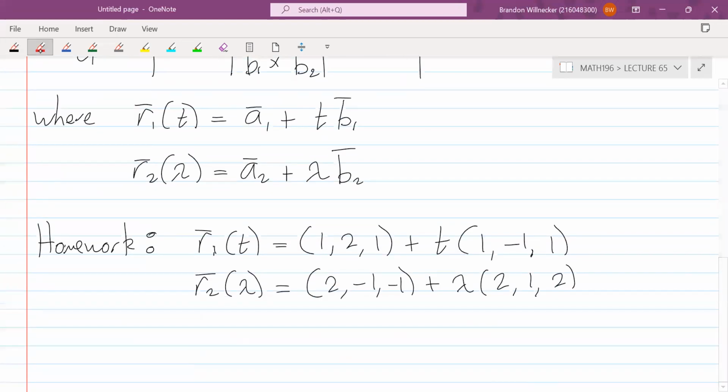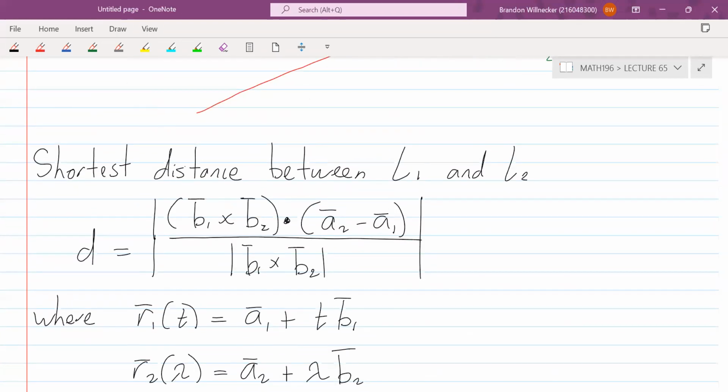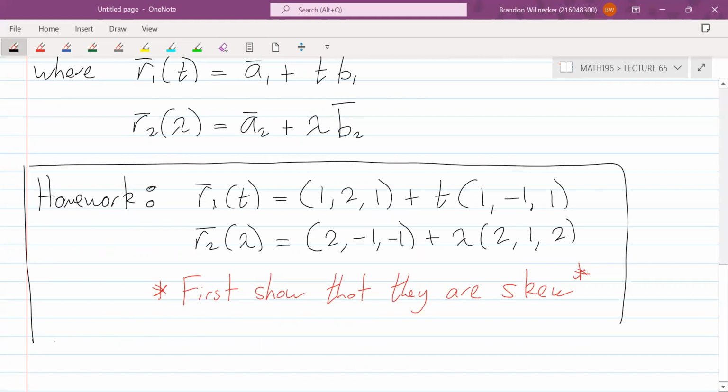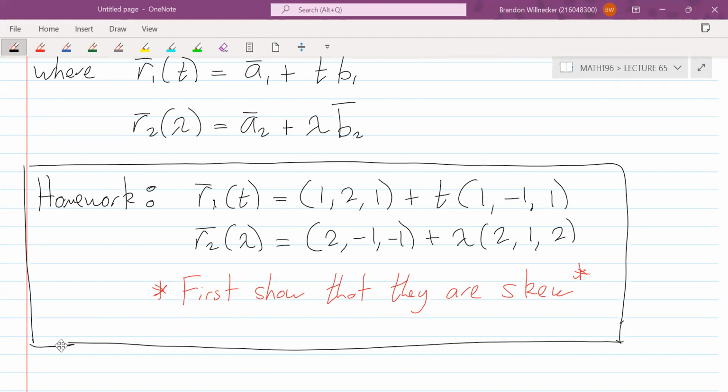And just as a little extra bit, first show that they are skew. They have to be skew to use this formula here, because that's what we're trying to work out. However, just as a little bit of extra work from what we did last time, show that they are skew first, and then find out what the distance is. So that's the 2 bits of homework for today.